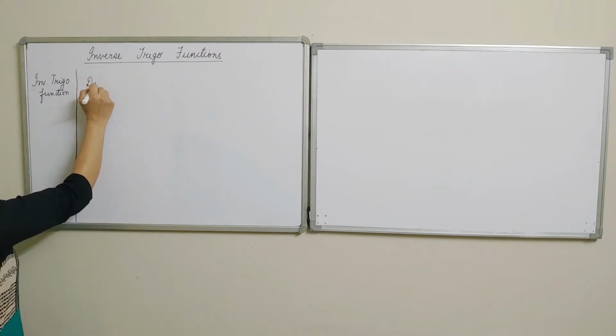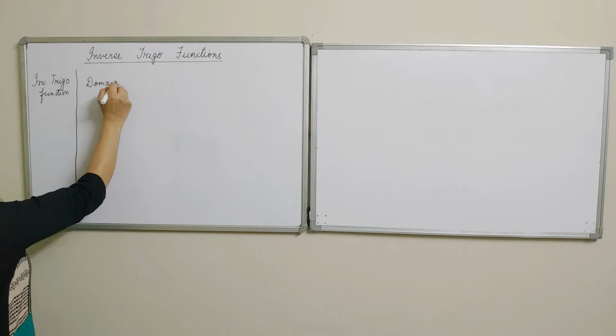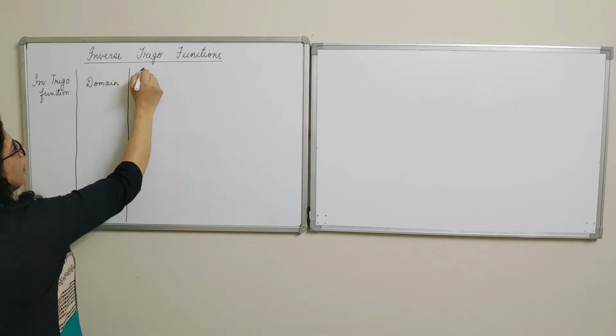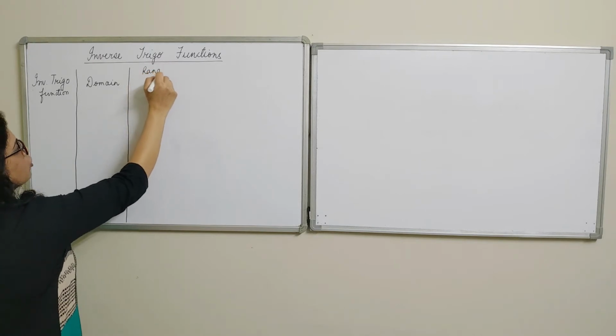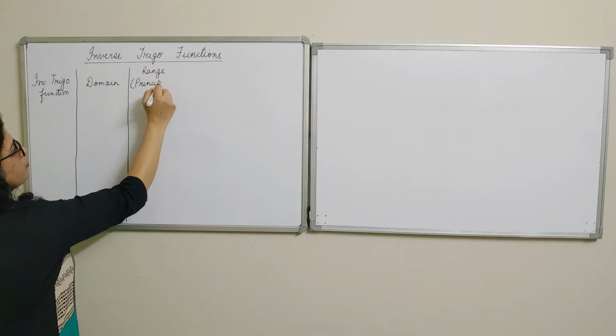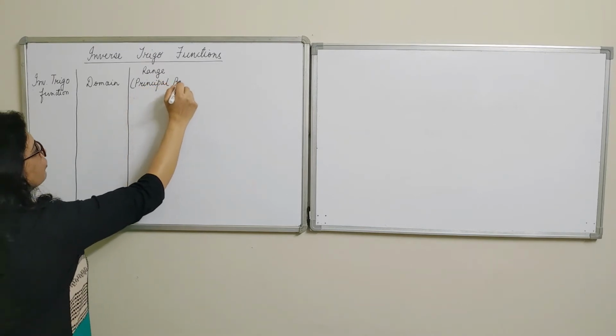Here we shall write down the domain of the function, and here we'll write down the range of the function, which is also the principal branch of the function.